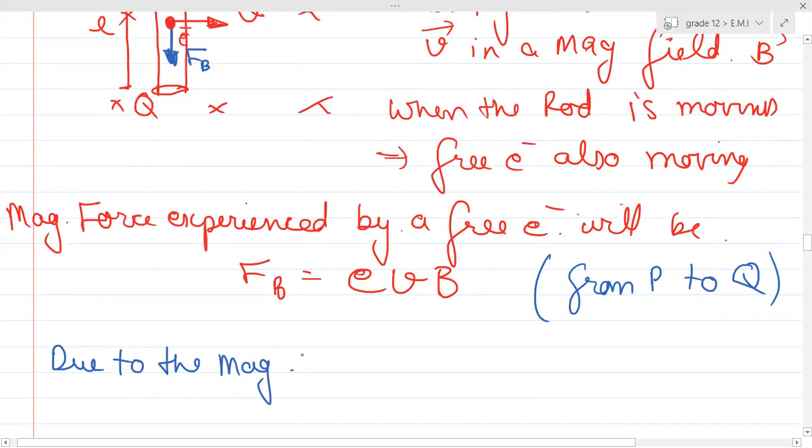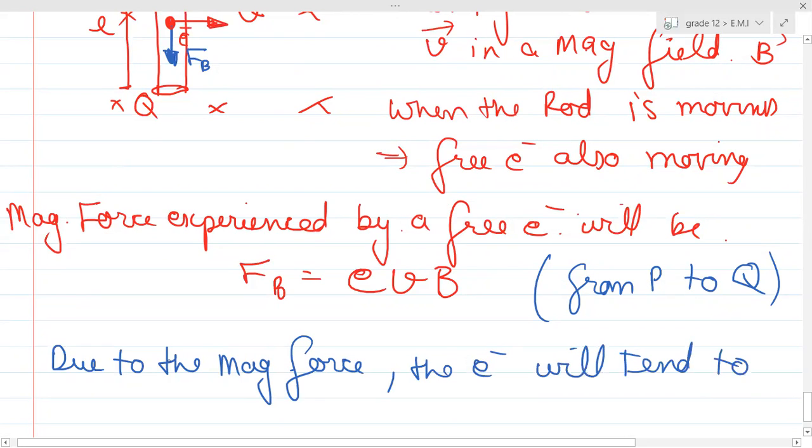Right? So due to the magnetic force, the electrons will tend to move towards Q, right? Yes or no, guys?